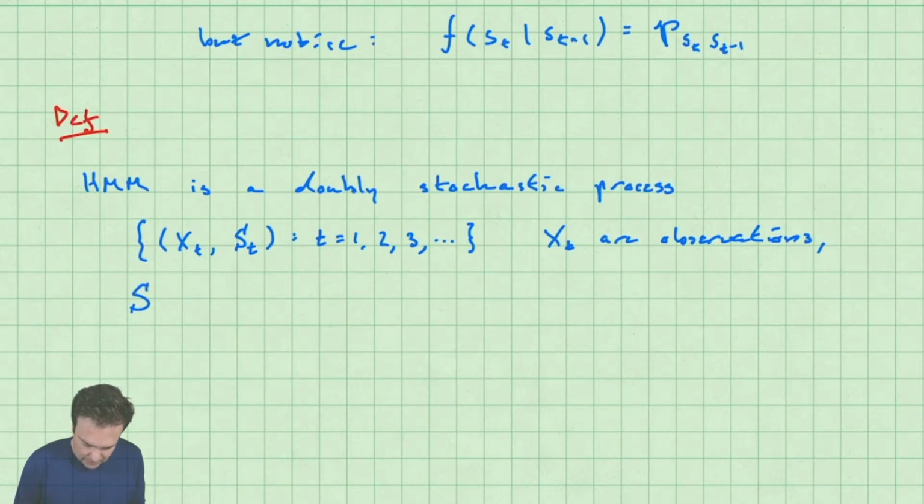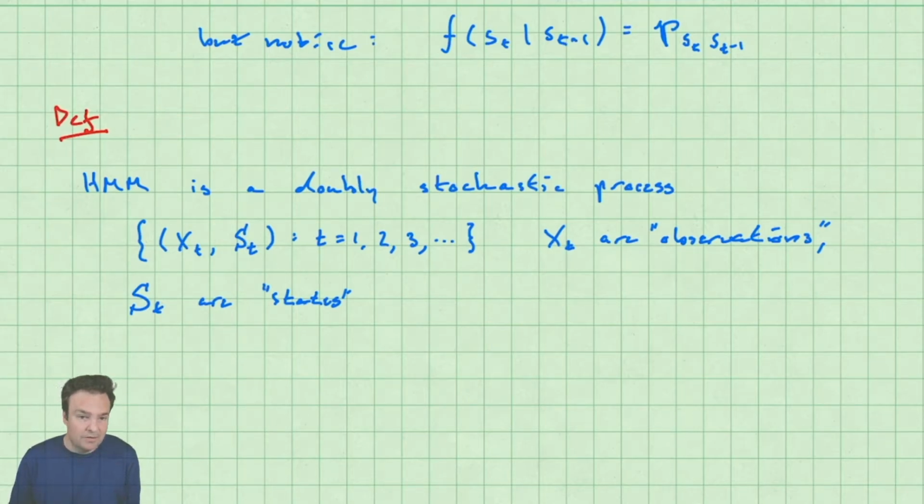The s sub t are called the states. But as you've seen already, we have different names for these things as well. So x sub t are the state-dependent observations.